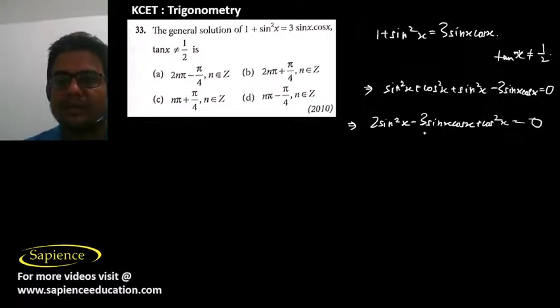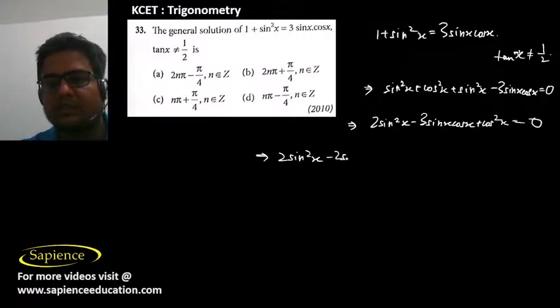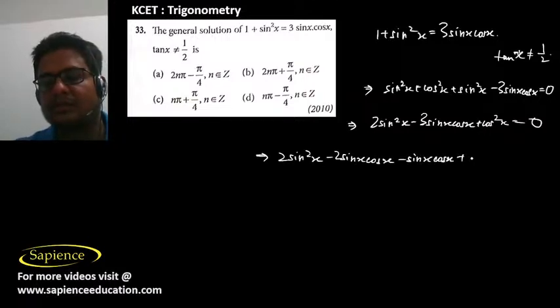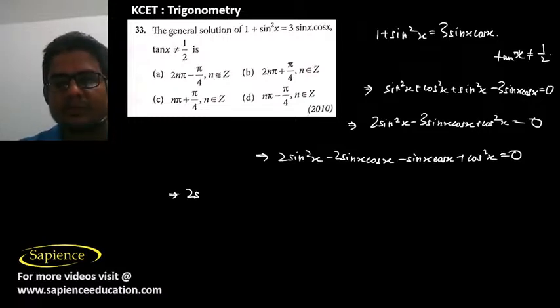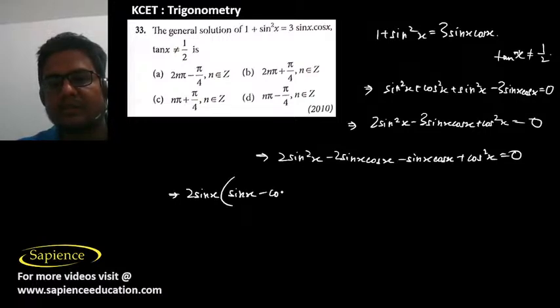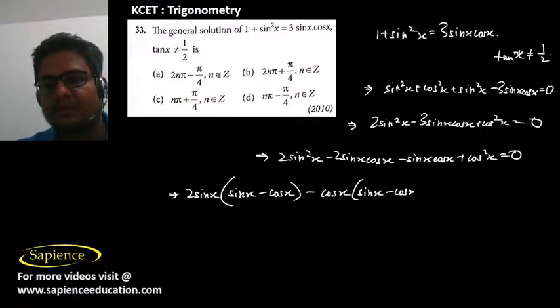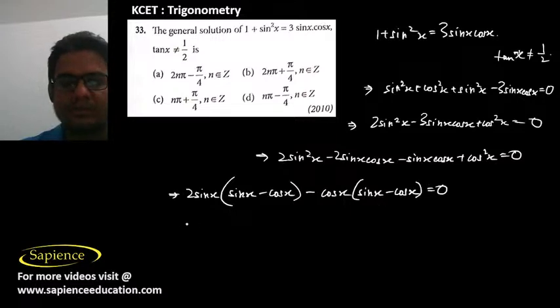So we can factorize it. We can write 2 sine square x minus 2 sine x cos x minus sine x cos x plus cos square x equal to 0. Therefore, if I take 2 sine x as common, this will be sine x minus cos x, minus cos x into sine x minus cos x, equal to 0.